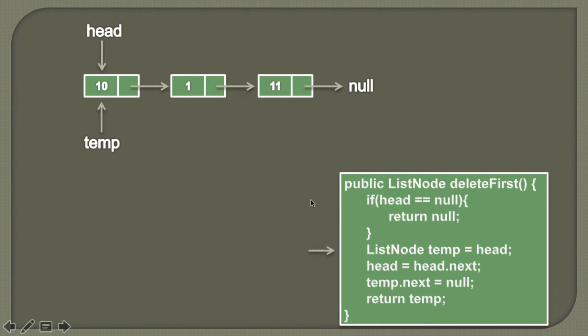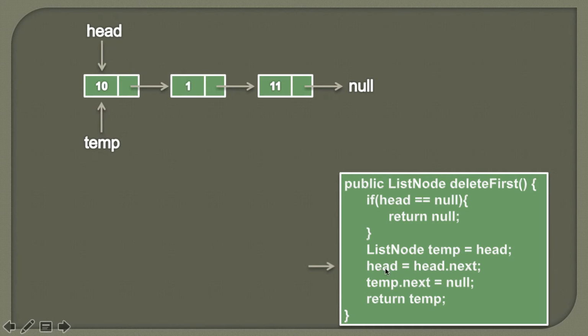Moving ahead, as the temporary list node is pointing to the first node of the singly linked list, after its deletion the linked list will have only 2 nodes, and head should point to the second node now, because when we delete the first node, the second node becomes our new head. So we need to traverse head to the second node.